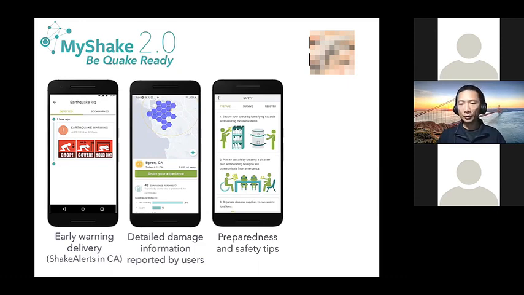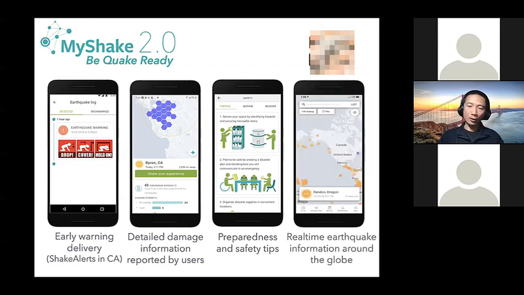This gives users a way to see whether there's large shaking around them, from the evidence of other users. We also give users more preparedness and safety tips so they can prepare better for earthquake hazards, and more real-time earthquake information around the globe so that they are on top of the earthquake information.